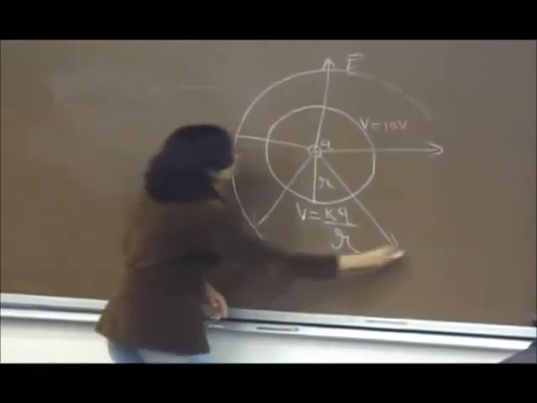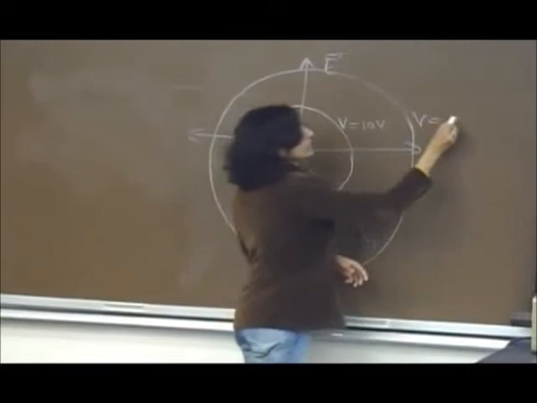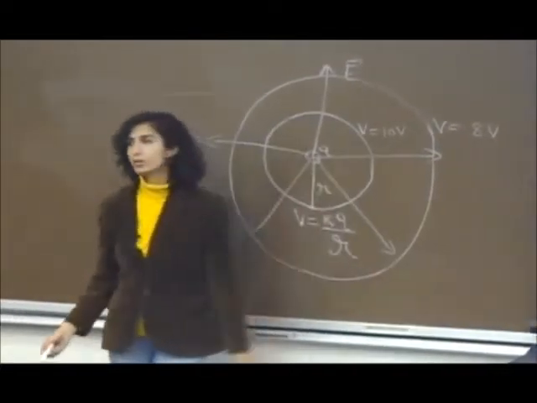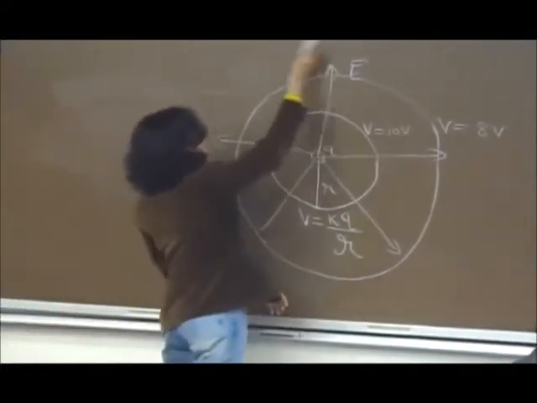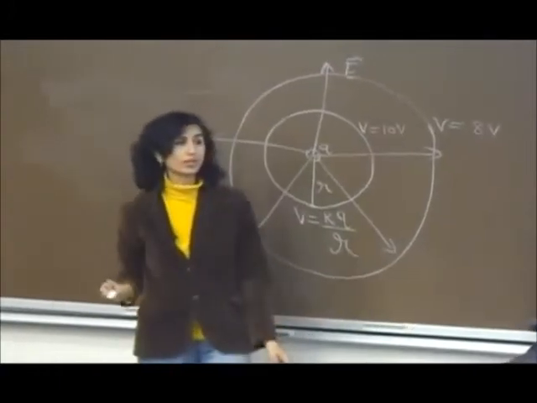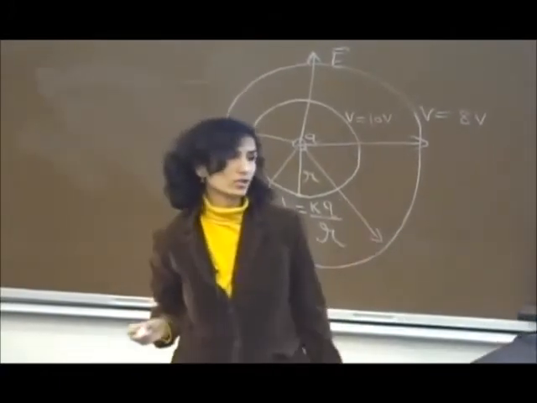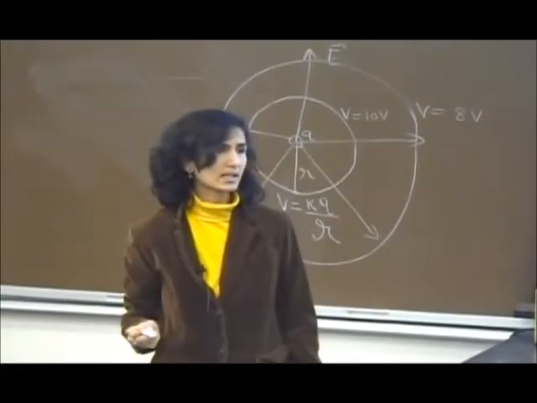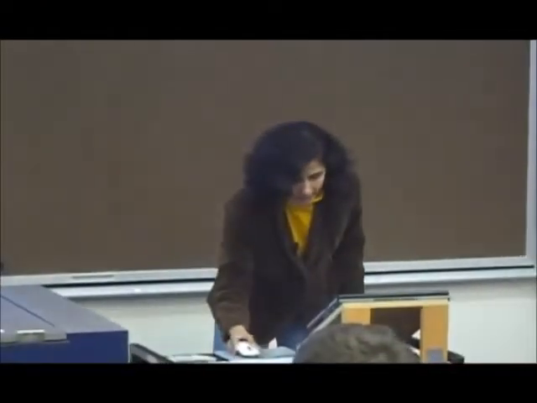Maybe there's another equipotential surface over here where the potential is 8 volts. That's another equipotential surface. There could be another one here. There are an infinite number of concentric equipotential surfaces due to this point charge. Does that make sense? Any questions? Okay. So the correct answer here is C.